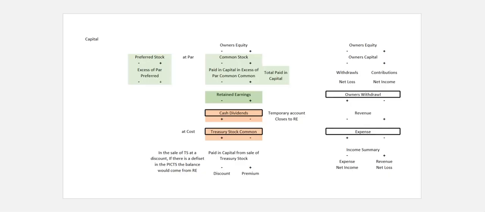At the end, if the sale of treasury stock at a discount creates a deficit in the paid in capital from sale of treasury stock, the balance would come out of retained earnings. So in other words, if we sold it back out for less money than what we paid for it in total, then the deficit would come out of retained earnings. So it would balance out.